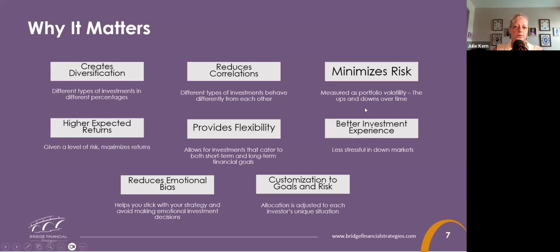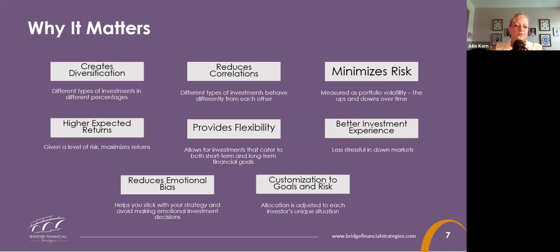Third, it minimizes risk. So when you have diversification, it reduces the overall volatility in your portfolio, which is just the ups and downs over time. So when we can have a really diversified portfolio, then instead of going up, down like this, you're going to have a much more smooth up and down chart.